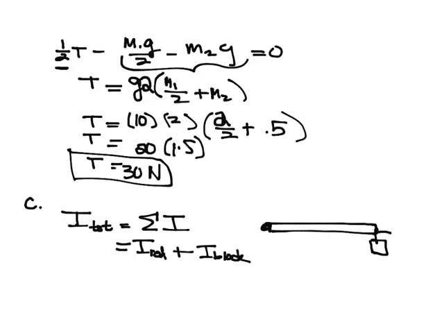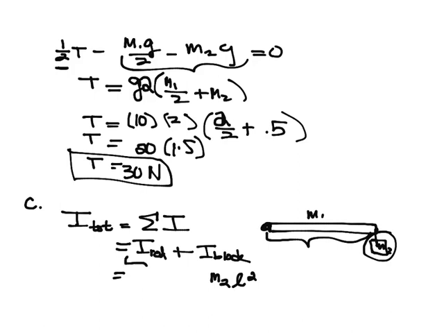And we're going to treat our block as a point mass. And I'm going to still stick to block has M2 and rod has M1. So I have I total is equal to I rod plus I block. I block is like a point mass, so that will be M2 times R squared, but the R will be the length of the rod, so M2L squared.